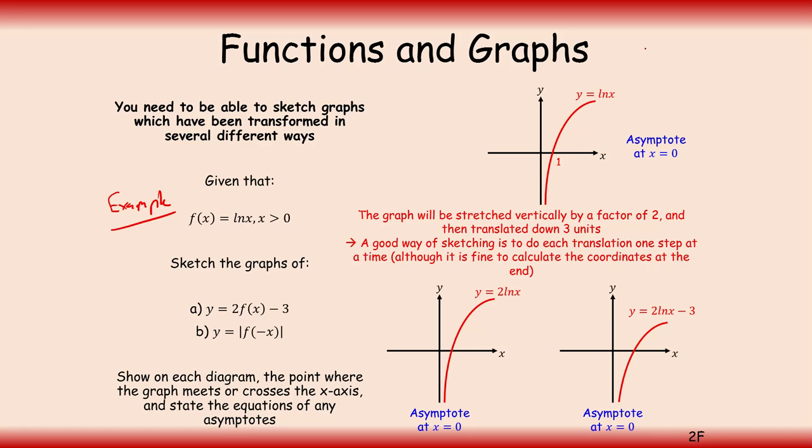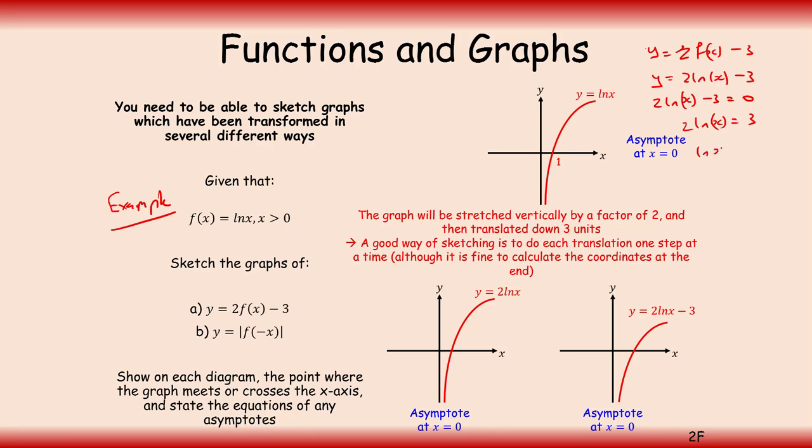Now our function we've been given was y is equal to 2 f of x minus 3, which is 2 times log of x minus 3. If we set y equal to 0, that means we've got 2 log of x minus 3 equals 0. So 2 log of x is equal to 3.